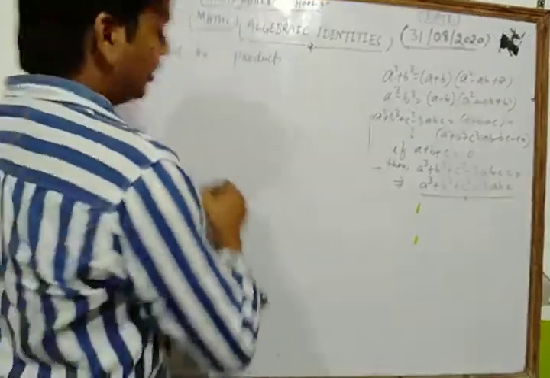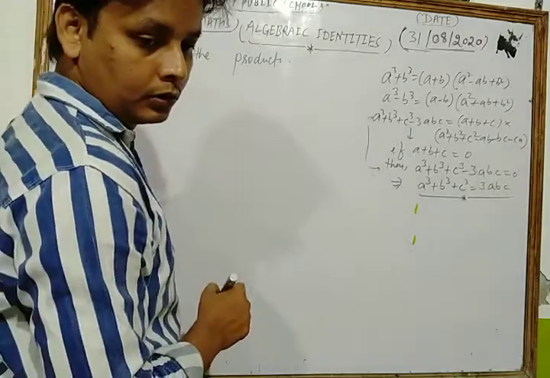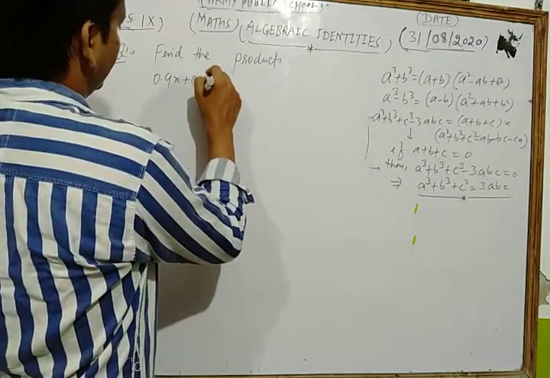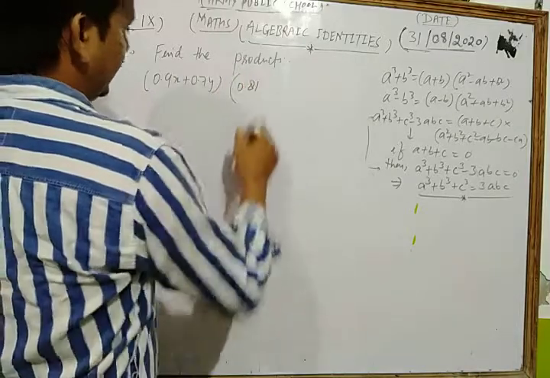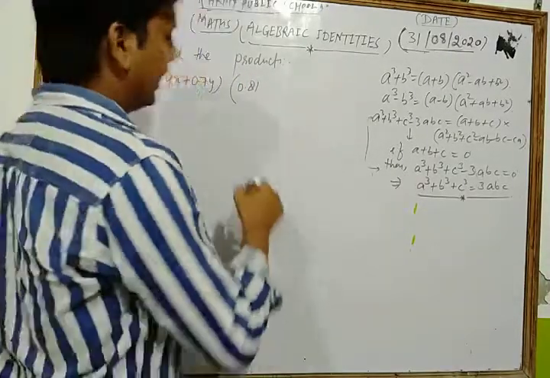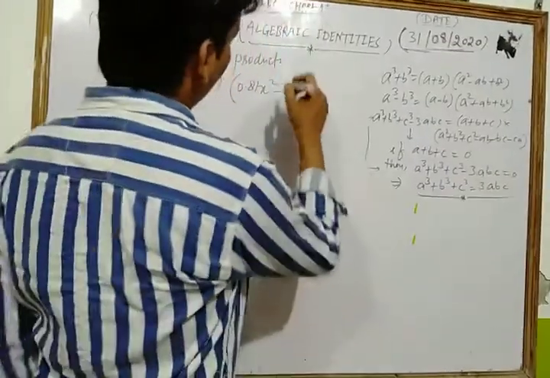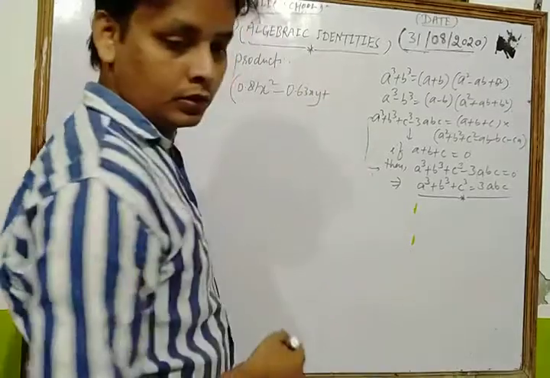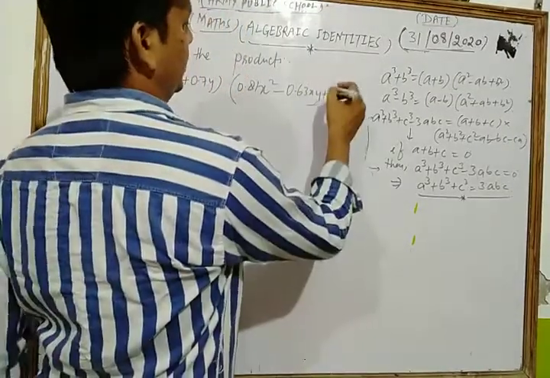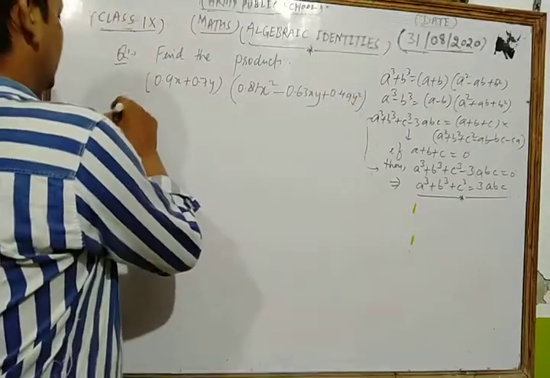Your question is 0.9x plus 0.7y in one bracket, and in another bracket 0.81x square minus 0.63xy plus 0.49y square. Look, its solution.